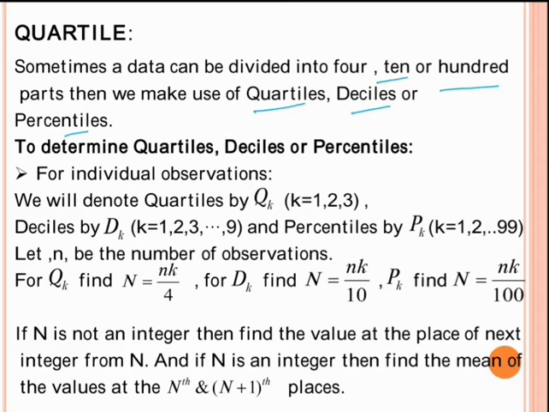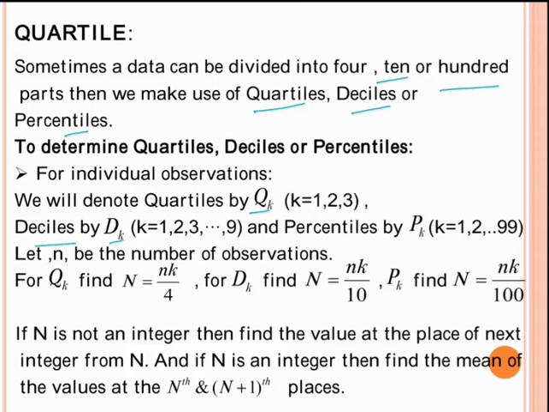Now to determine quartiles, deciles or percentiles, we have different formulas. For individual observations, we denote quartiles by Q_K, where K equals 1, 2, 3. Since it is quartile, we are dividing into 4 parts, so K will be only 1, 2 and 3. For deciles we use D_K.